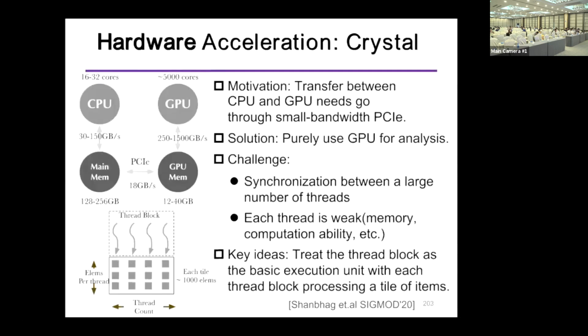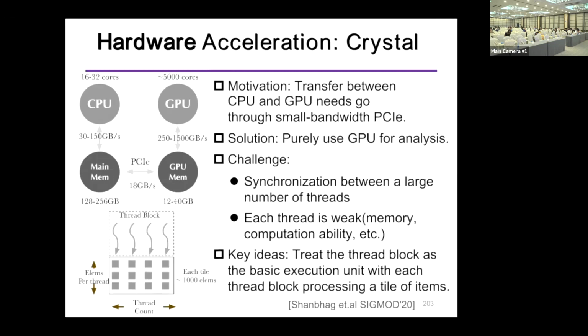And the third one is about the GPU. So the motivation is that the transfer between CPU and GPU needs to go through the small bandwidth PCIe. So the solution is to purely use GPU for analysis without considering CPU. But this raises two challenges. One is the synchronization between a large number of threads of GPU is very inefficient.